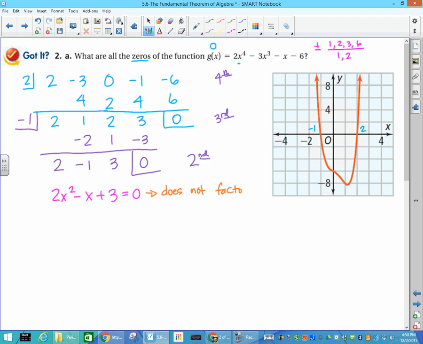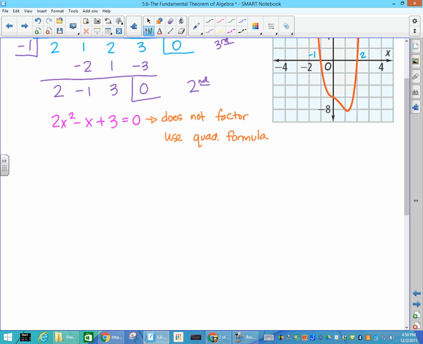And since it doesn't factor, and I have an a not equal to 1, I'm going to use the quadratic formula. Sometimes we have to do that. We haven't done it much thus far. So when I use that quadratic formula, a is equal to 2, b is equal to negative 1, and c is equal to 3.